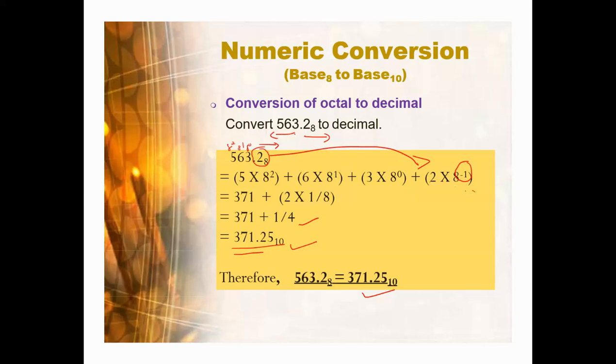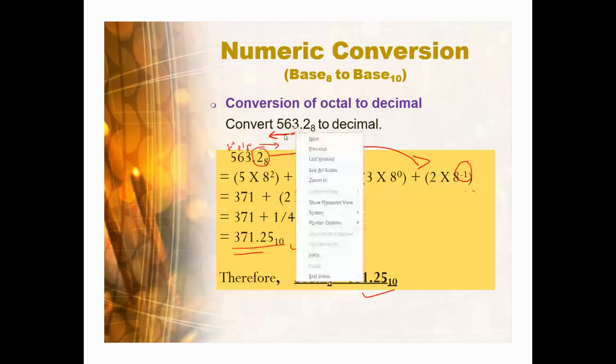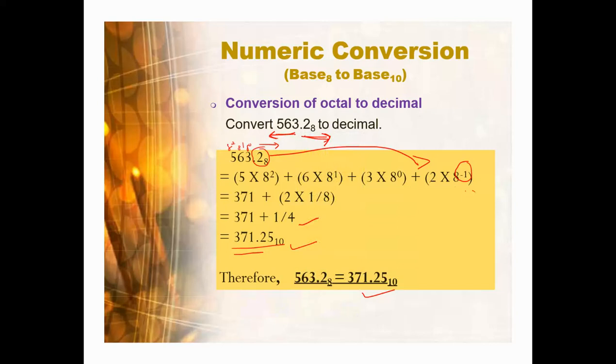Again, you have to split your working into two: one before the point and another after the point, because the starting powers before and after the point are different. For the part before the point, we use the multiplication method as usual, from right to left. So this is 8 to the power of 0, 8 to the power of 1, 8 to the power of 2. You multiply as usual.